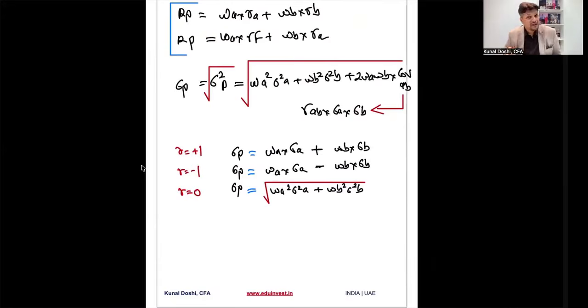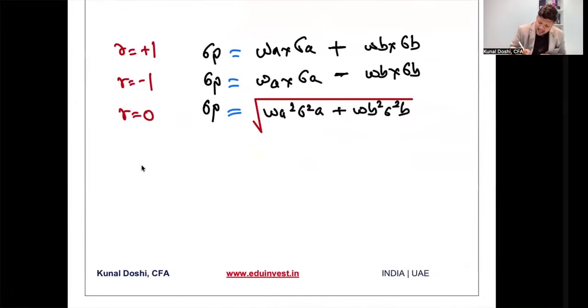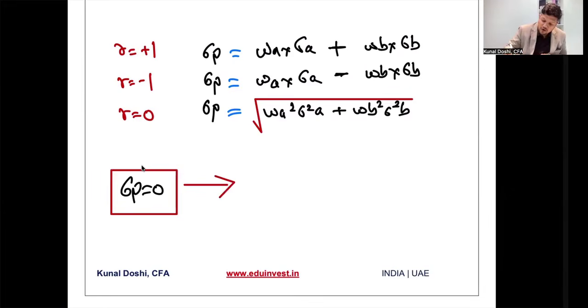One very important element: can I make portfolio risk 0? Yes. What is the condition? For a zero variance portfolio, the condition is an 'and', meaning I need both things. I need correlation to be exactly -1, that is the lowest, and the weights should be optimum.